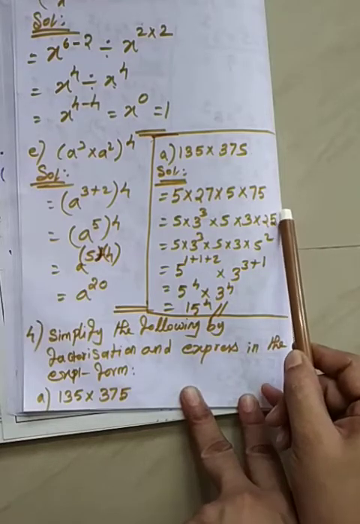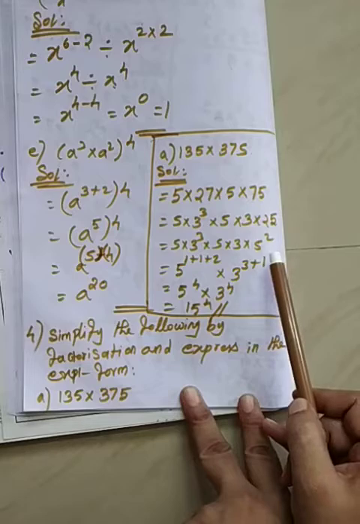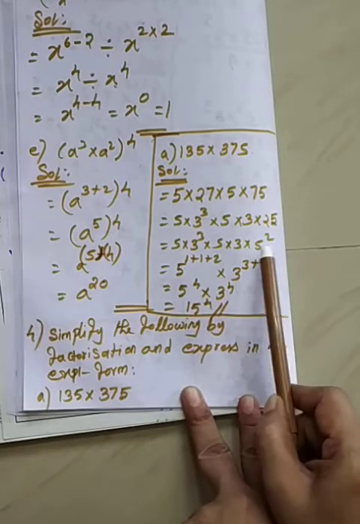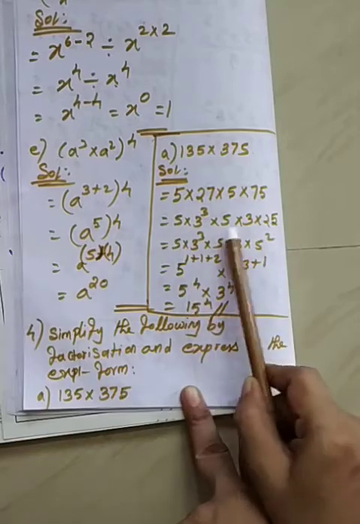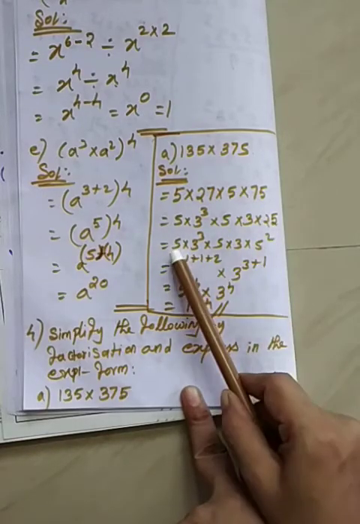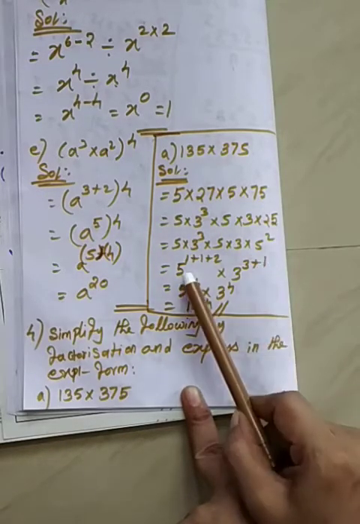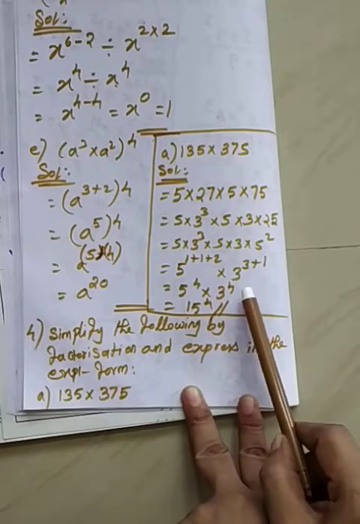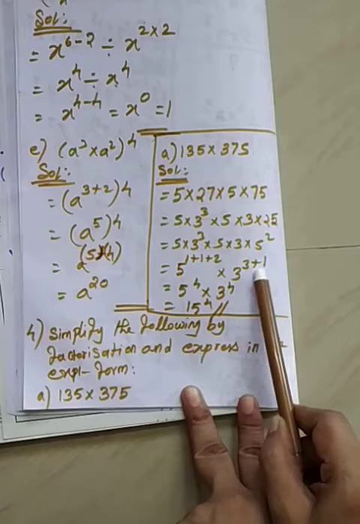Next see here, this 25 you have to write as 5 squared. Next you take 5, 5, 5 squared; you can add the powers because all the bases are equal. So 5 power 1 plus 1 plus 2. Here 3 cube into 3, so you can put 3 power 3 plus 1.